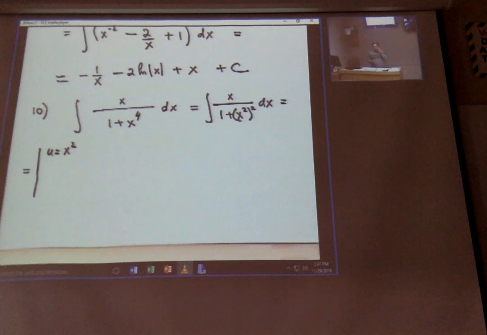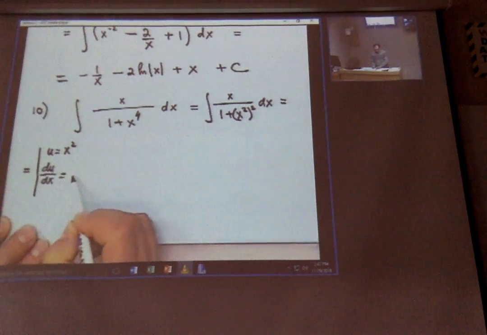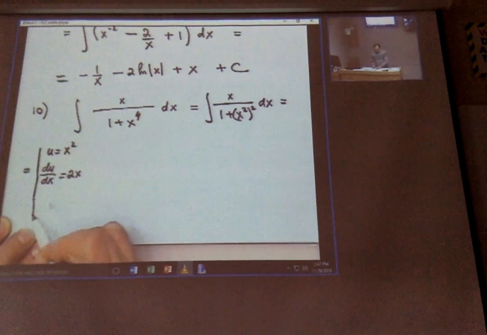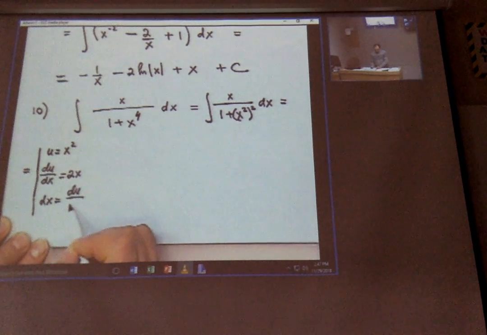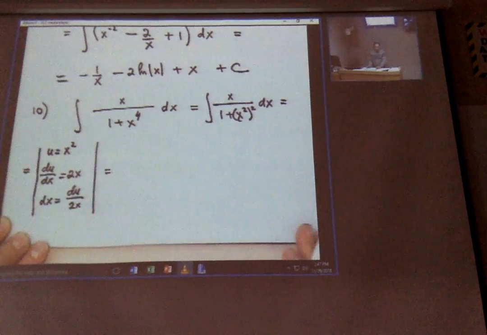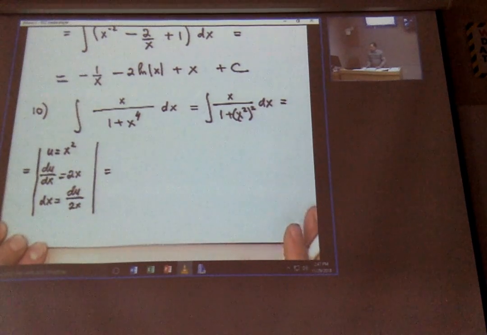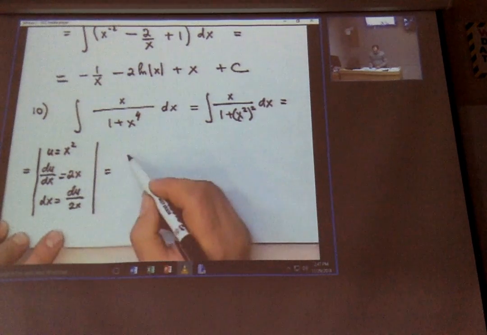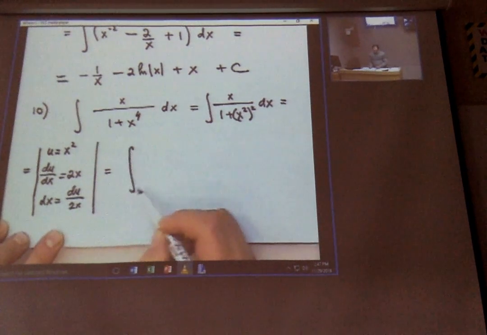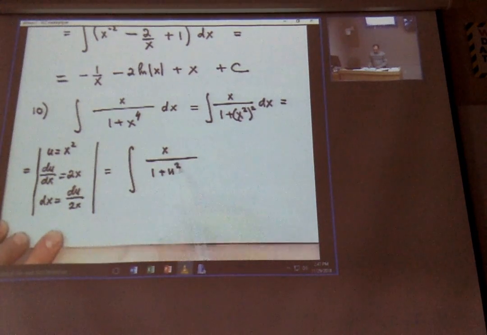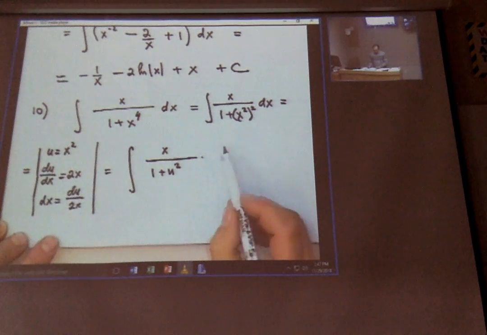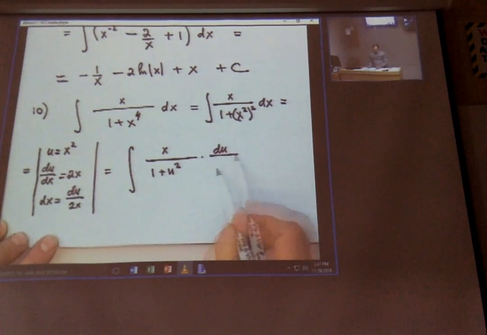So you really have to see that there's an inverse tangent hidden inside. So du over dx will be 2x, and dx will be du over 2x. So this is what we have, and going back to the integral, we have x over 1 plus u squared, and then du divided by 2x.